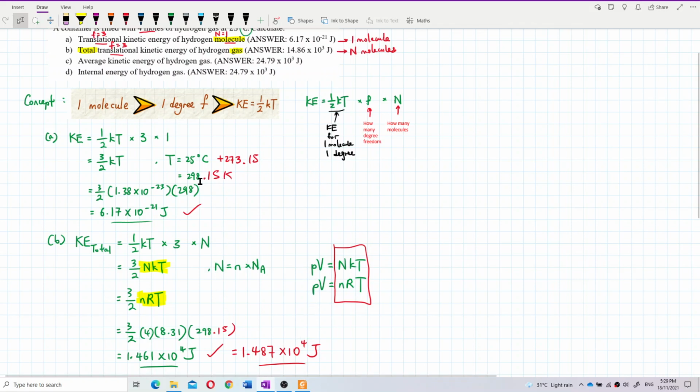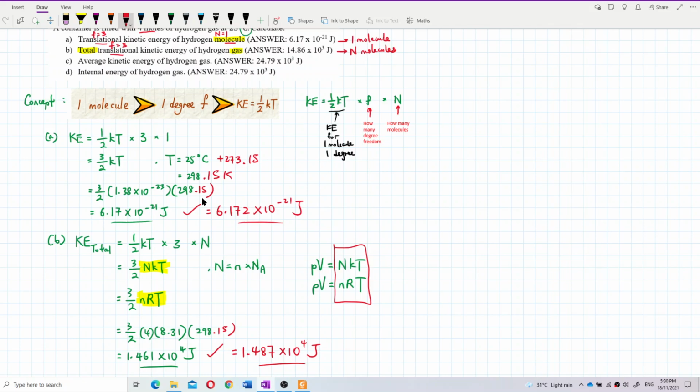Because you use 273.15. For this one, if I use 1.38 exponent negative 23 times 298.15 times 3 divided by 2, using the more accurate 298.15 Kelvin, I also get roughly the same, 6.172 exponent negative 21 joule.